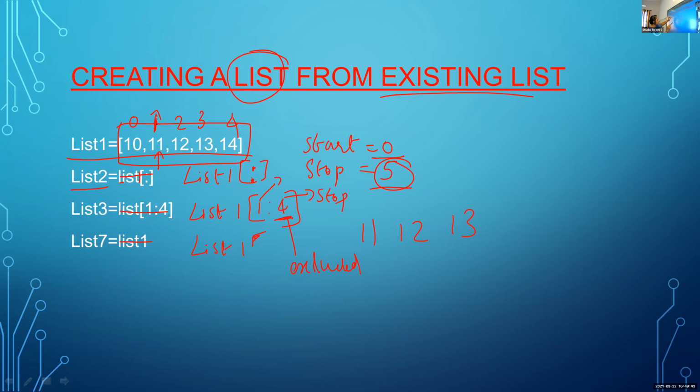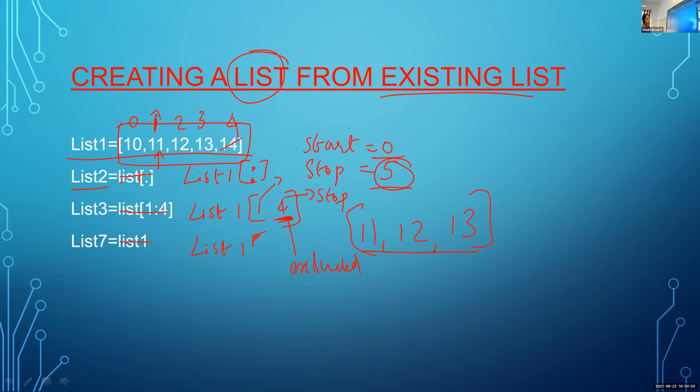Then after that 4 is the stop value. The stop value is excluded from the result, so we discard this value. So in the new list, list 3, the values are 11, 12, 13.